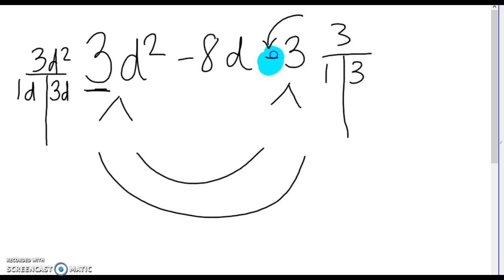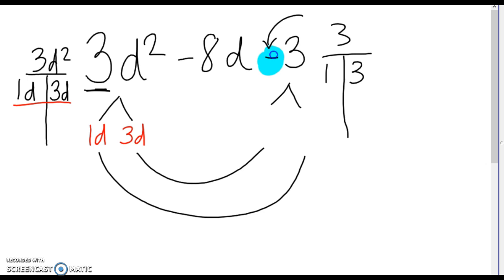If that's a negative, what that means is either the 1 or the 3 has to be negative and the other one has to be a positive. So I'm going to write down at the front 1d and 3d. It doesn't matter which order they go into, I'm just going to write them out.